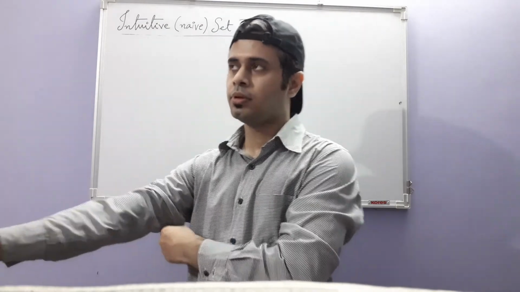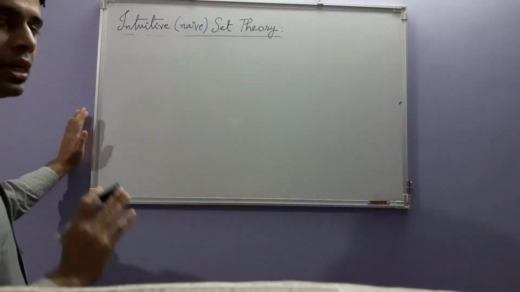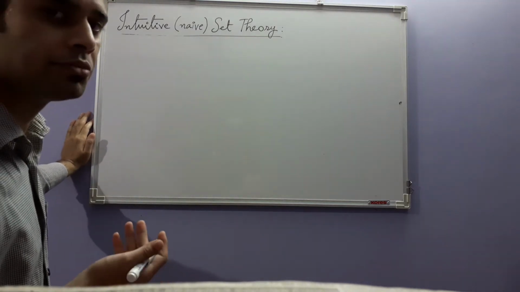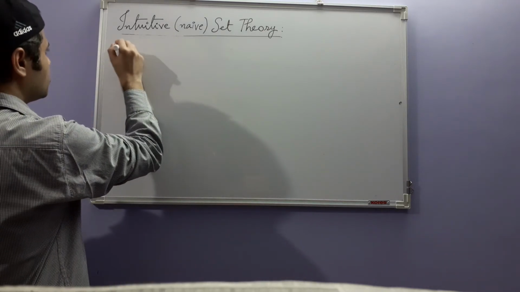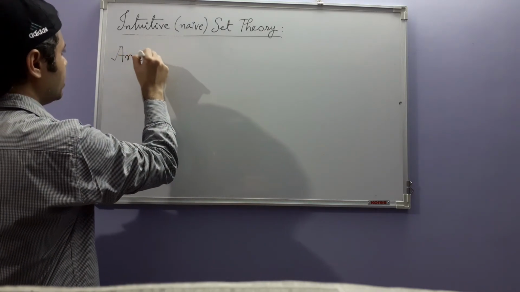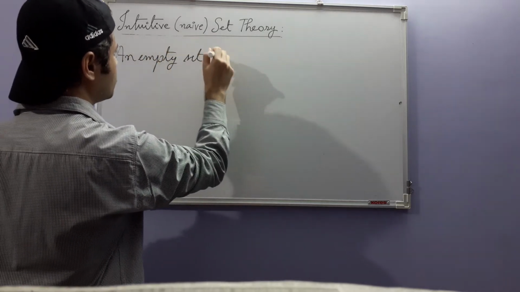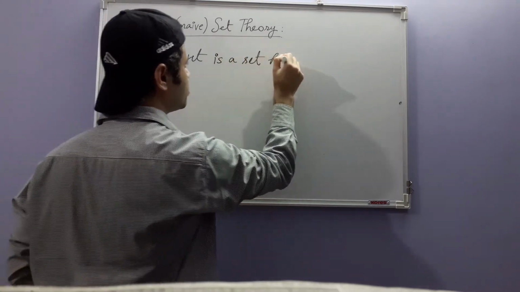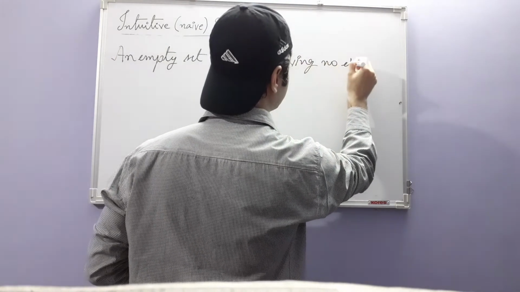Okay, now apart from these sets that arise frequently in mathematics, there are some other types of sets that we should know about. An empty set is a set having no element.